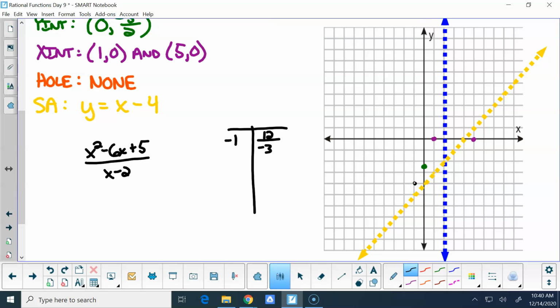That's a good spot right there. Then let's do positive 3. 9 minus 18 is negative 9 plus 5 is negative 4. 3 minus 2 is 1, so that's going to be negative 4. That should be enough.